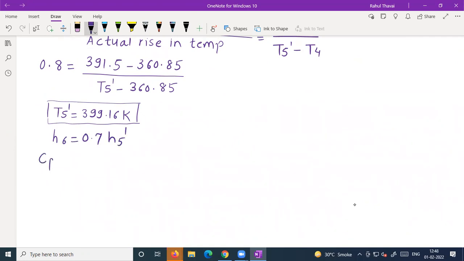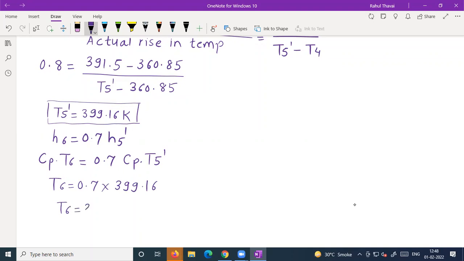H6 is Cp into T6, it is 0.7 of H5 dash, which is Cp into T5 dash. So I'll get the value of T6 equal to 0.7 times T5 dash. T5 dash is 399.16. From this, I will get the value of T6.